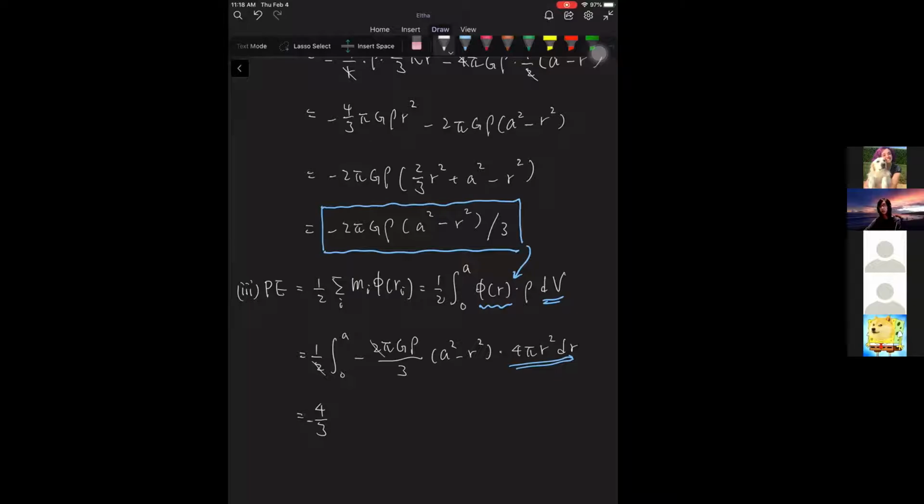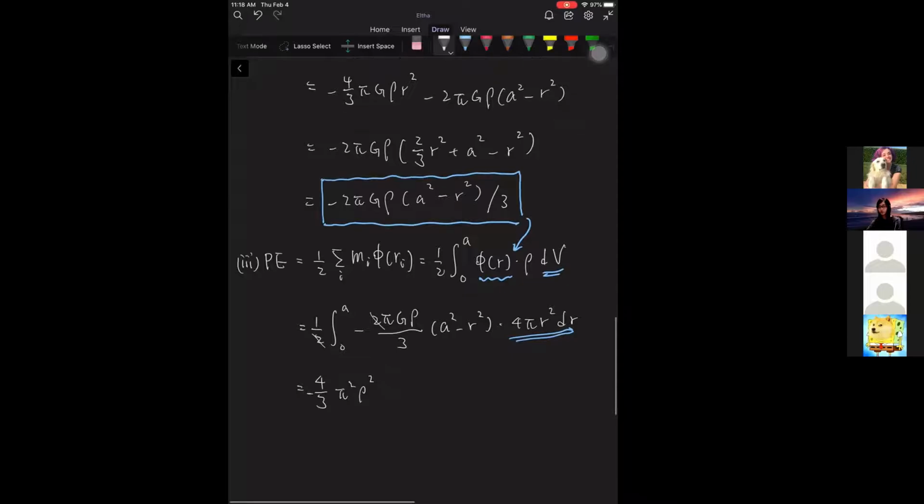negative pi squared rho squared g. I missed the rho here. Yeah, so there should be a rho here. Yep, okay.